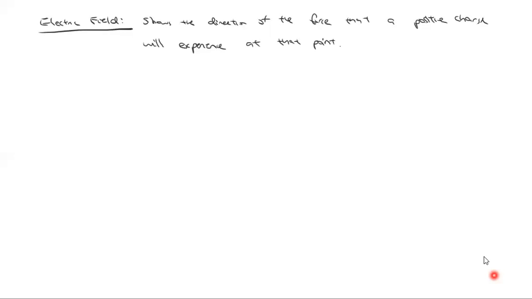So let's start easy. Let's say we've got a positive charge here, and we want to draw the field around it. So if I've got a positive charge up here, at this blue dot here, which way would it go? If I've got a positive charge here, what would happen to it? Move away from them. So which direction is that?